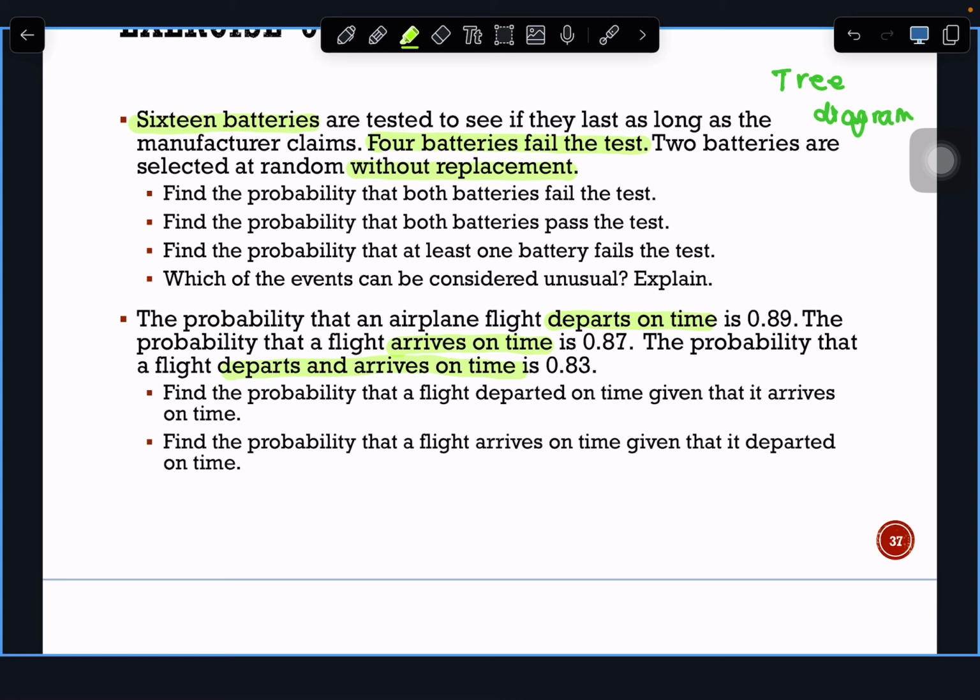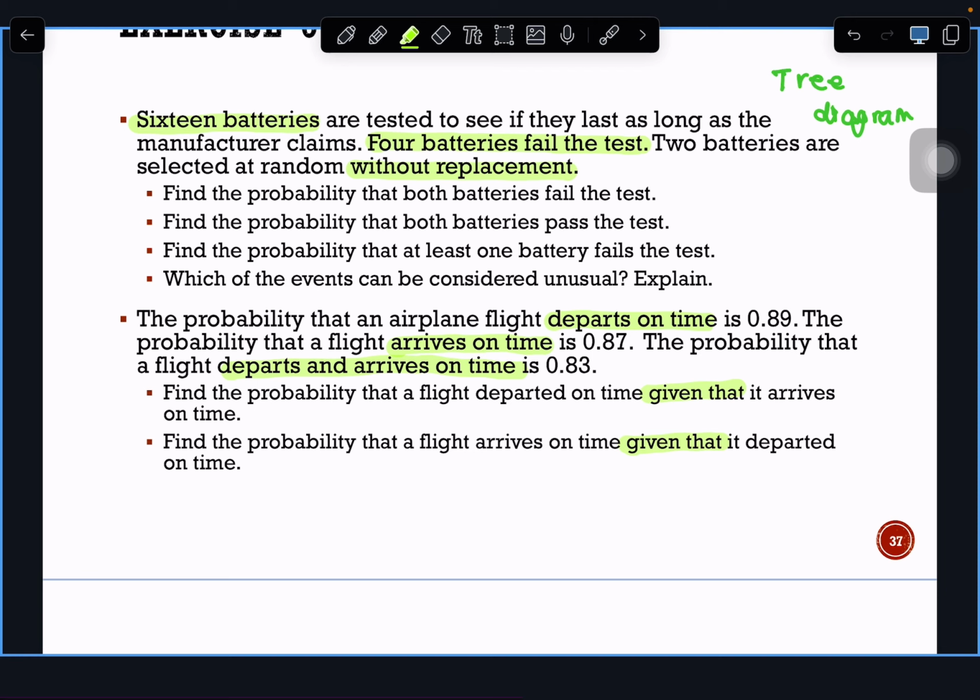We will guide you, like sketch a tree diagram. If we don't guide you, then that is good too. And if you notice here, we have given that, and given that here.